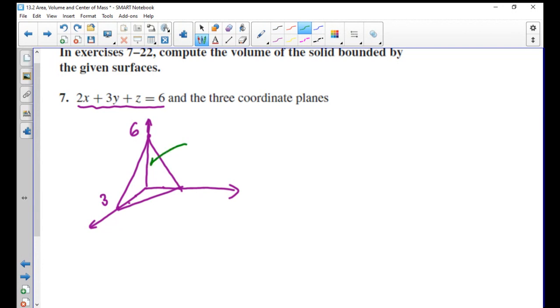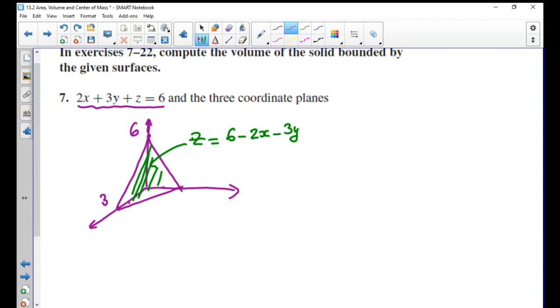Where the cover, let's call it the cover, I like this term, is z equal 6 minus 2x minus 3y. This is the cover.